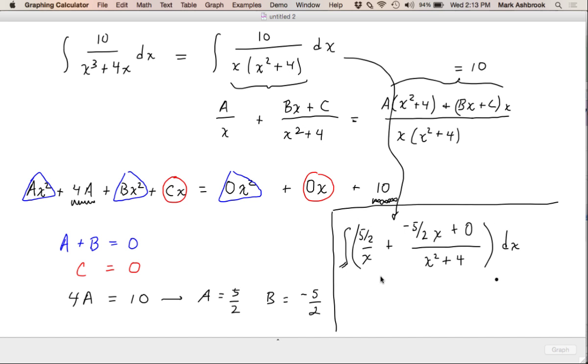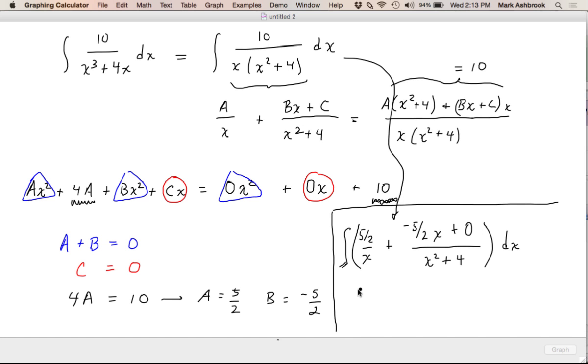A total amount of change as x goes from that value to that value. When we don't have limits of integration, we kind of see it differently. We're seeing this as all possible antiderivatives of that rate function, or all possible quantity functions associated with that rate function. So that's what we have here.